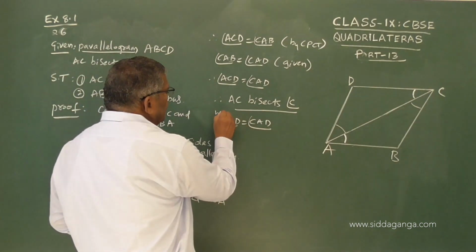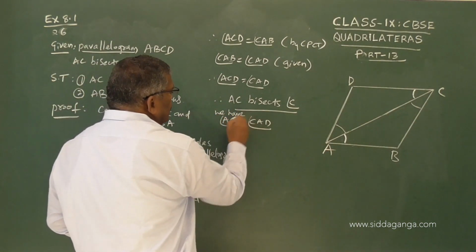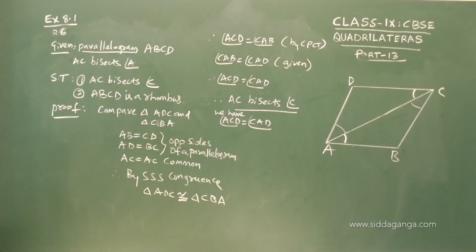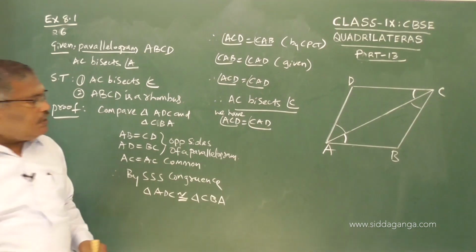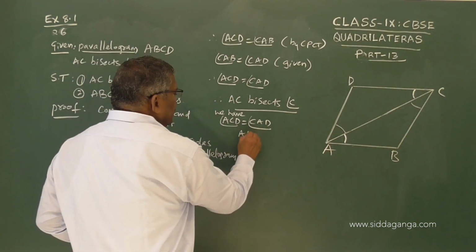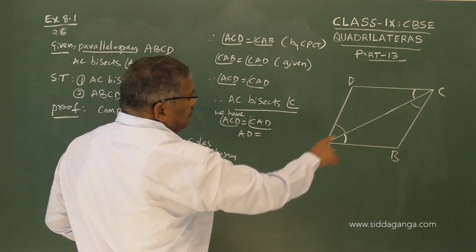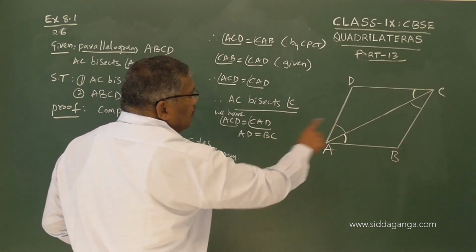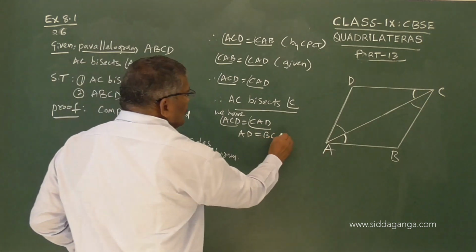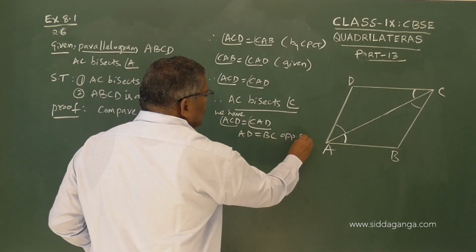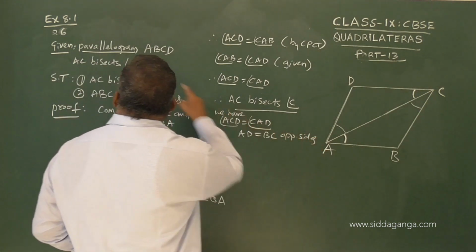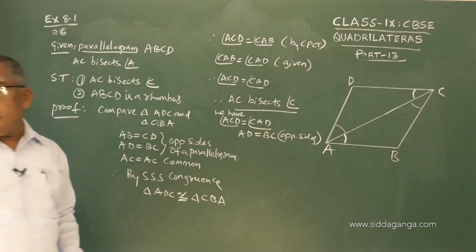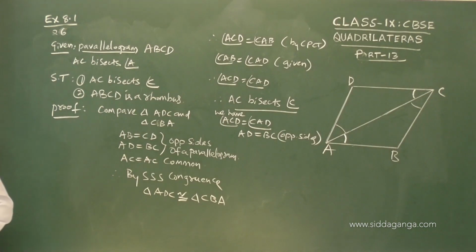We have this data already on hand. AD is equal to BC, opposite sides of a parallelogram. Therefore they are equal.